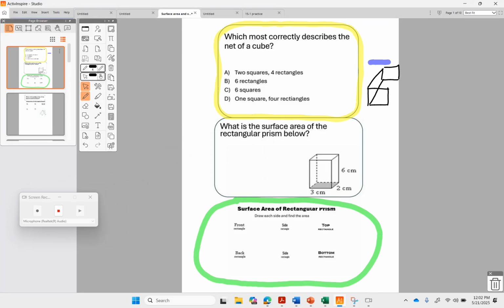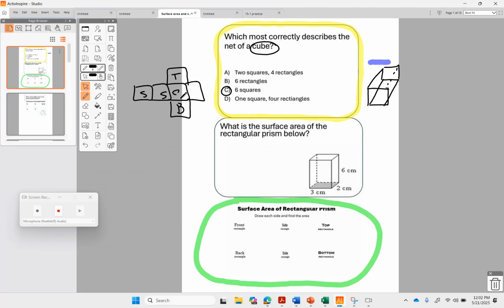That looks more like a rectangular prism, but you get an idea. A cube has 6 sides, and because it is a cube, they are all squares. So if I opened that up, the net would kind of look like this. That's the top, that's the bottom, and those are the 4 sides.